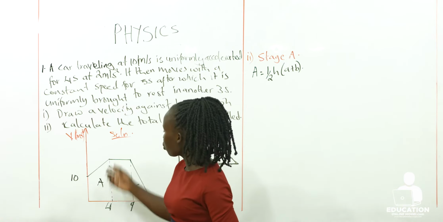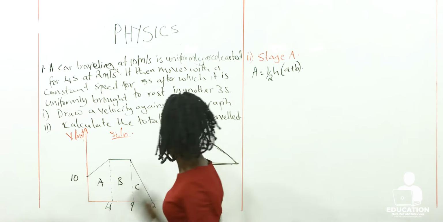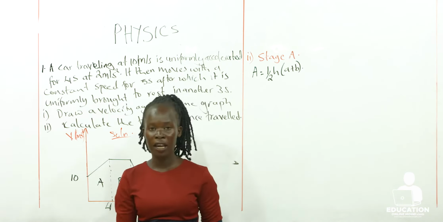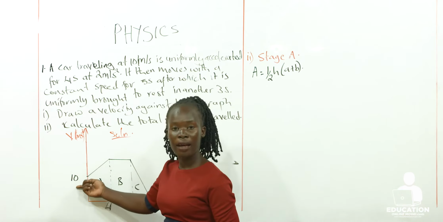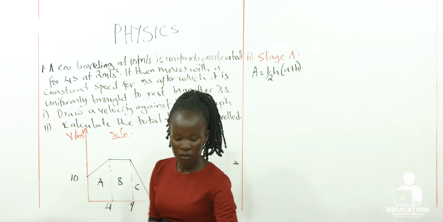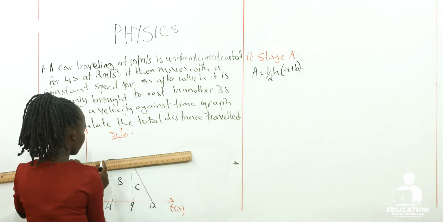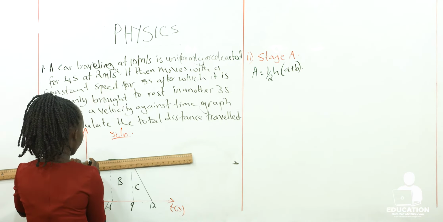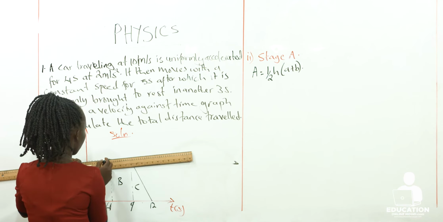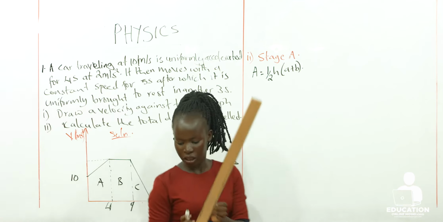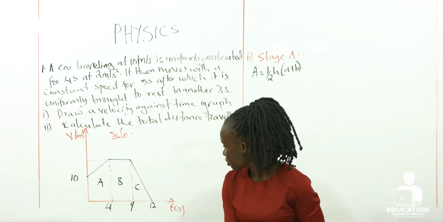But then how do you get the height here? Because if you look at this, we don't have the height. We cannot use 10 and say that it is the height, because the height of this trapezium is at this point, right somewhere up here. So that is our height. So how do we get this?